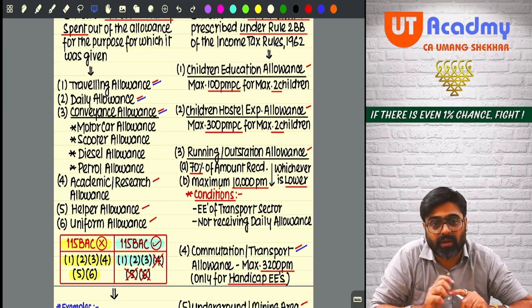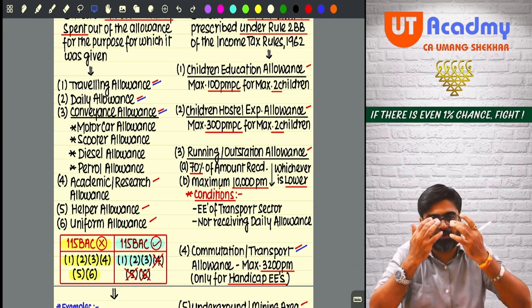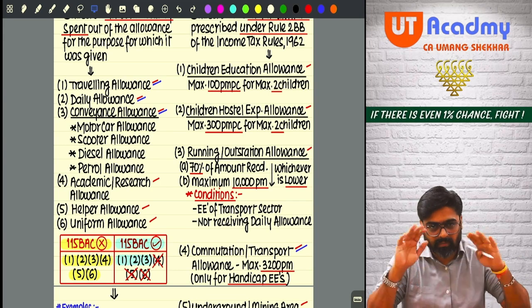Now there is helper allowance. Sometimes it might happen that the employee is overburdened with work. He has only two hands, two eyes, two legs, one body.